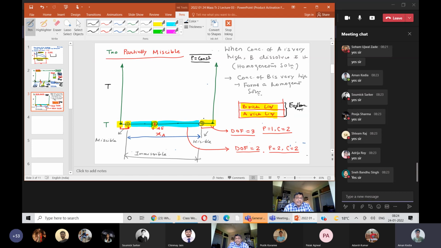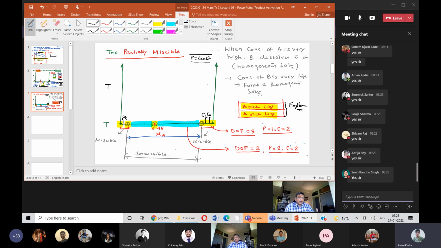That means that in this range where the system is fully miscible, you can independently define the temperature and the composition. It is possible even at this particular temperature to have 2 different compositions. Let's say we have a C1, C2, we can have a C3 also.